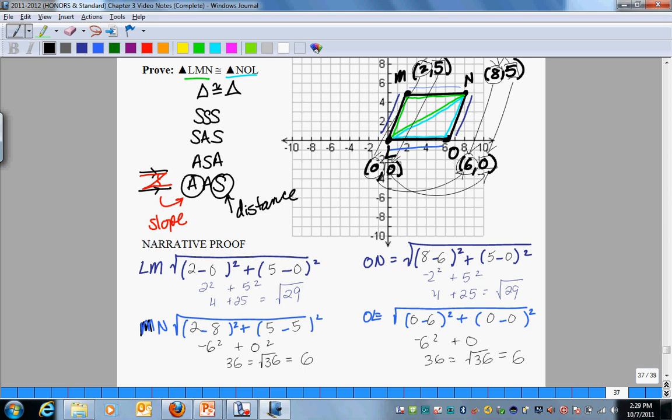And we see that MN equals 6 and OL must also equal 6.